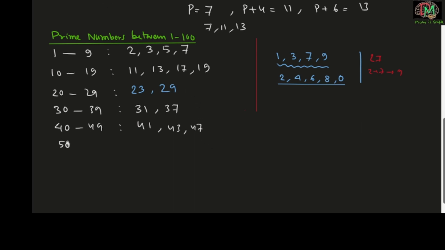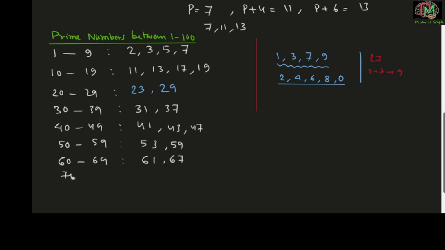Next is 50. In between 50 to 59, it will be 53 because 51 is divisible by 3. 53, then 57 is also divisible by 3, and it will be 59. And in between 60 to 69, the number is 61 because it is not divisible by either 3, 7, 5 or any other number. And next is 67.